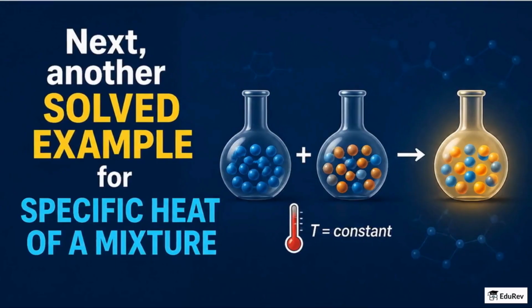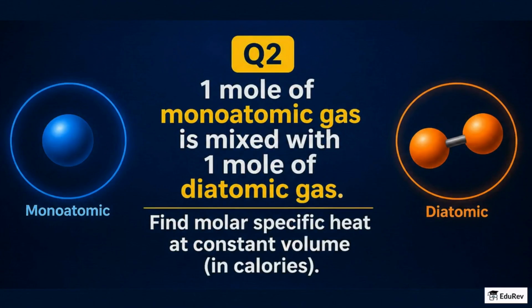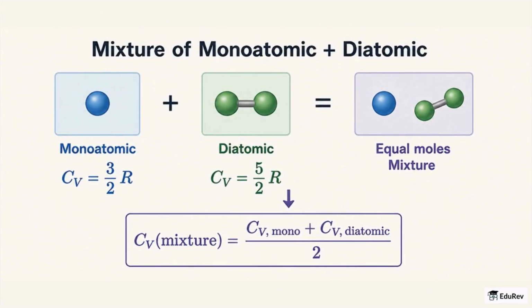Next, another solved example for specific heat of a mixture. Question number 2 asks, 1 mole of monoatomic gas is mixed with 1 mole of diatomic gas. Find the molar specific heat at constant volume in calories. Use Cv monoatomic equals 3 divided by 2 R and Cv diatomic equals 5 divided by 2 R, then average them for equal moles.